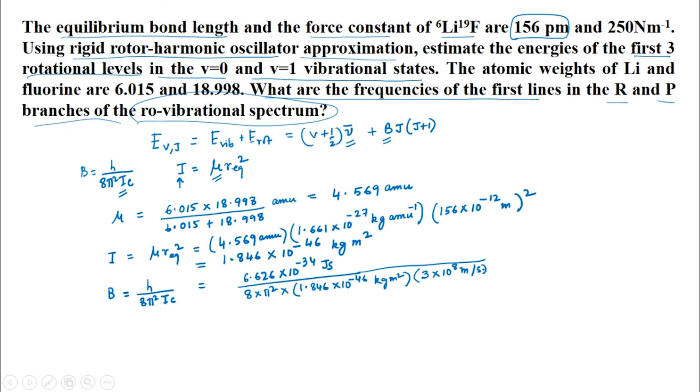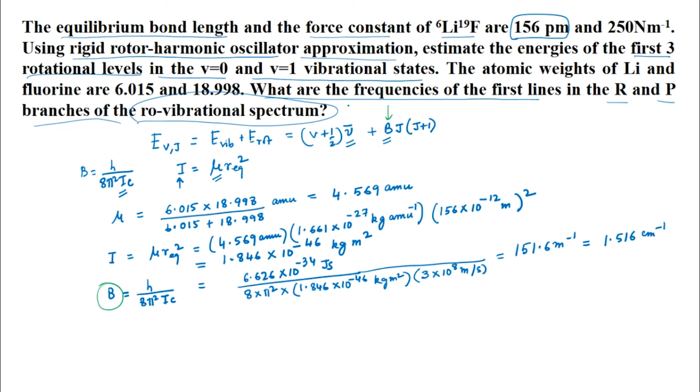So, if we do this, the answer we get is 151.6 meter inverse. So, we can write this as 1.516 centimeter inverse. So, now we have found out the value of B, which was needed for this energy expression.